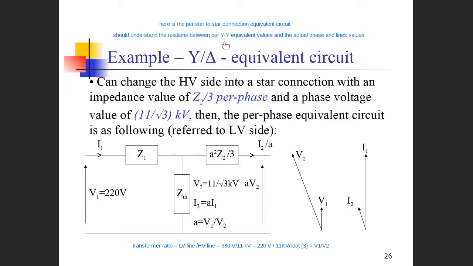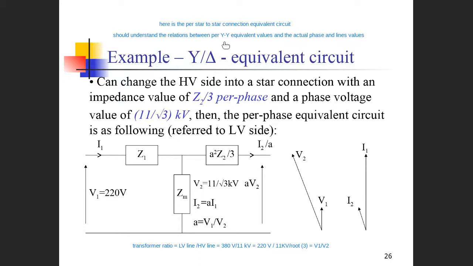Okay, so here, although we just give you one example, by reading these two slides, you should understand the relationship between the per star equivalent values and the actual phase and the line values.